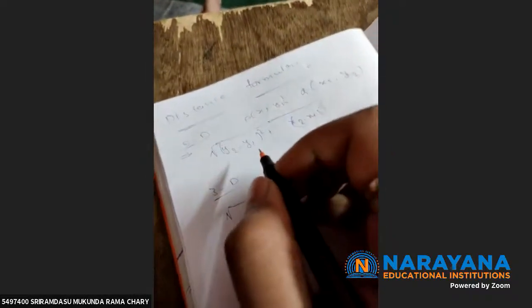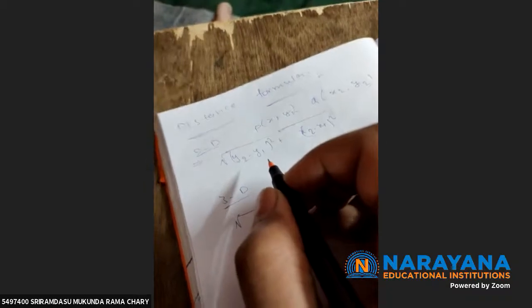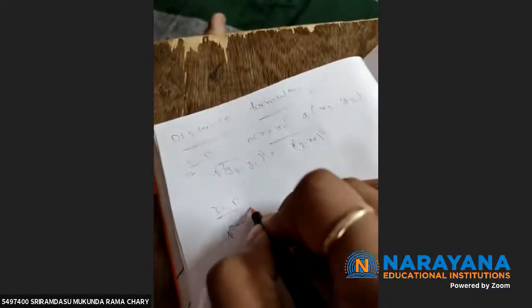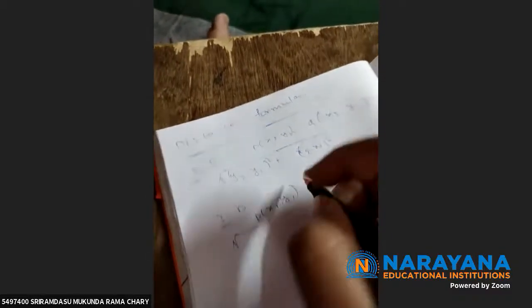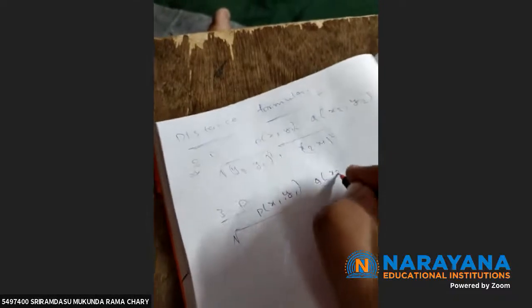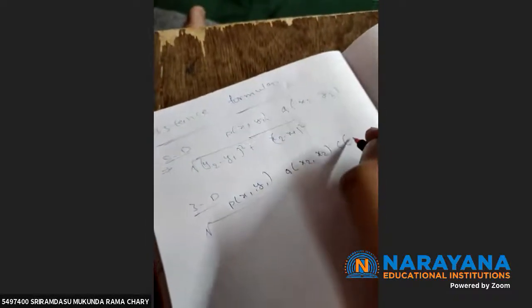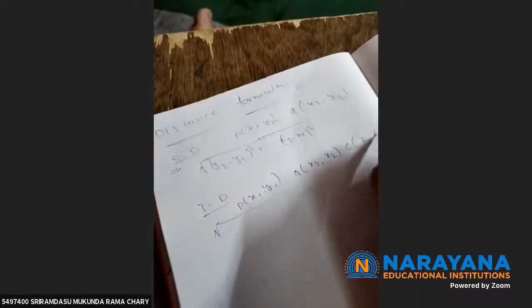But here we have P of x1 comma y1 comma z1 and Q of x2 comma y2 comma z2.